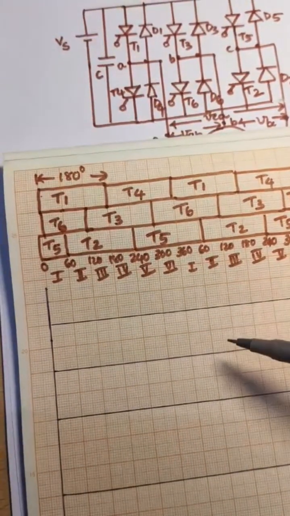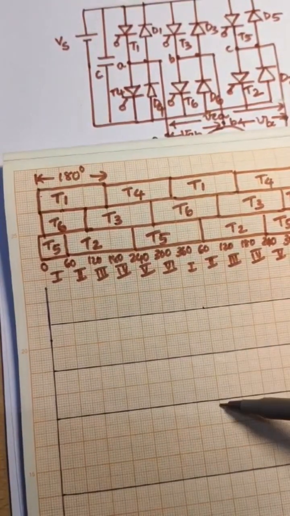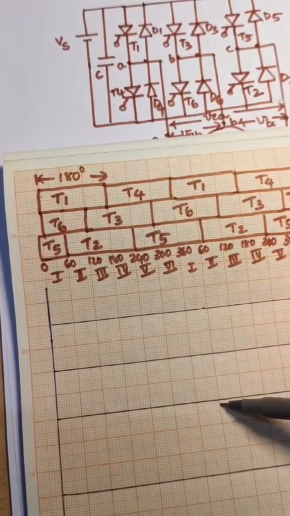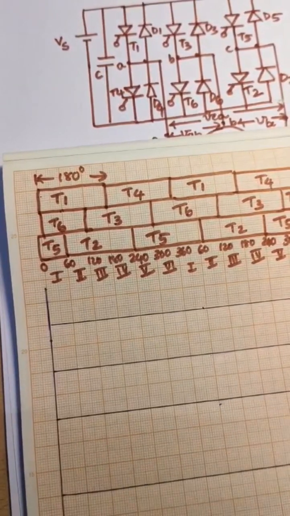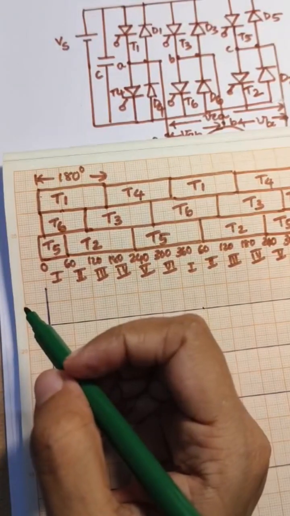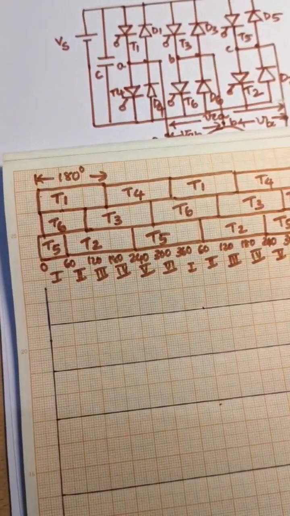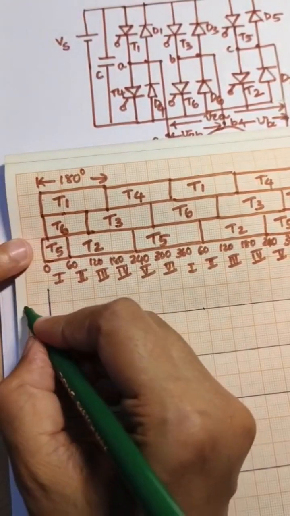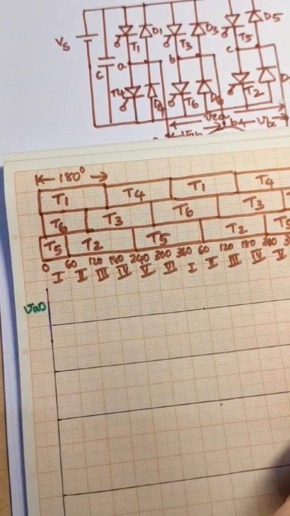First we are drawing 3 line to neutral voltages, which is the phase voltages, and that is VAO. First one is VAO.